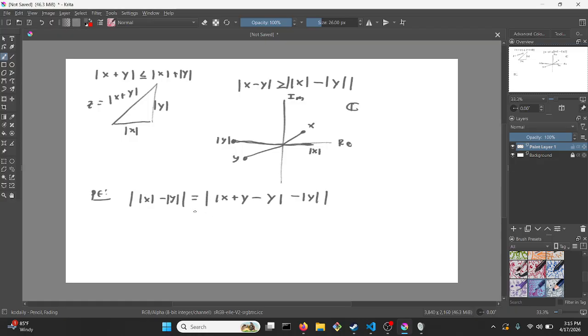And by the normal triangle inequality, we have something like this. Oops, made a mistake. Right? This cancels out. This is equal to something like this, and that's redundant, so that's just equal to this, and you're done there. So that was it.